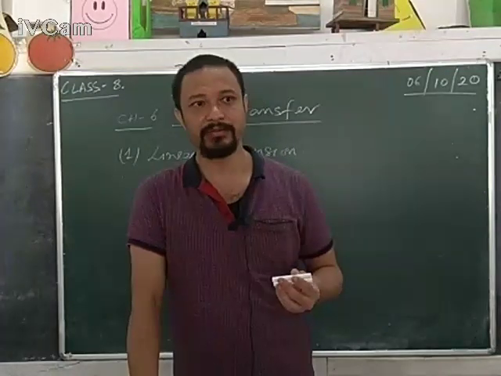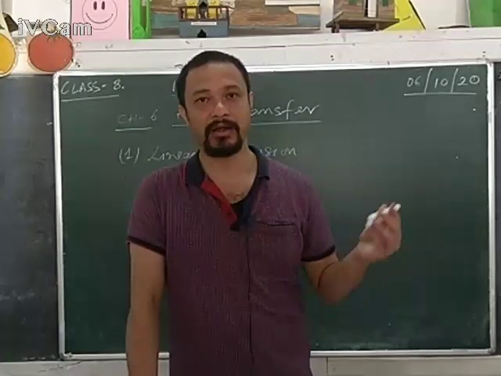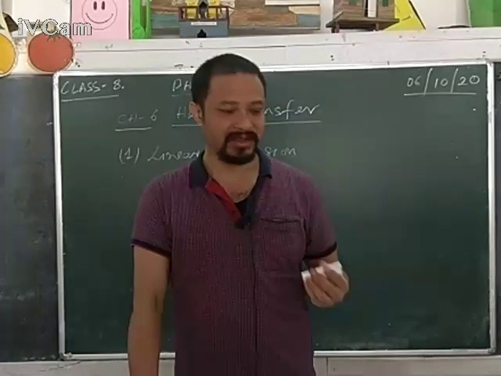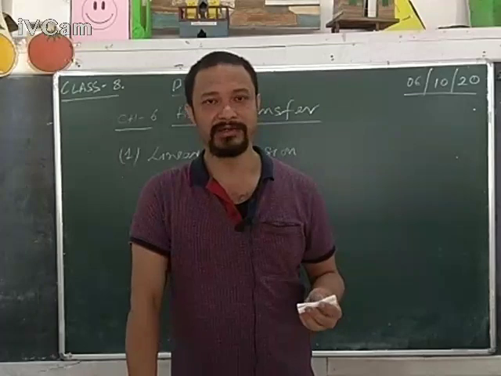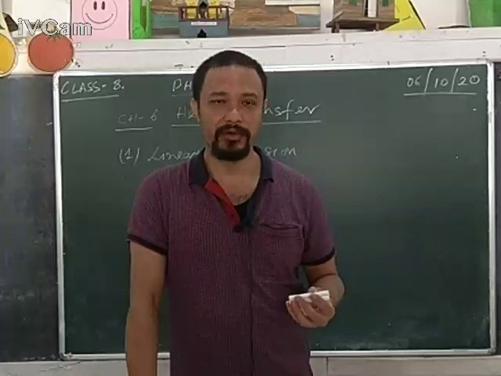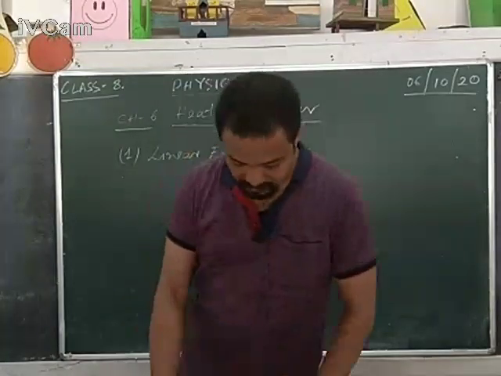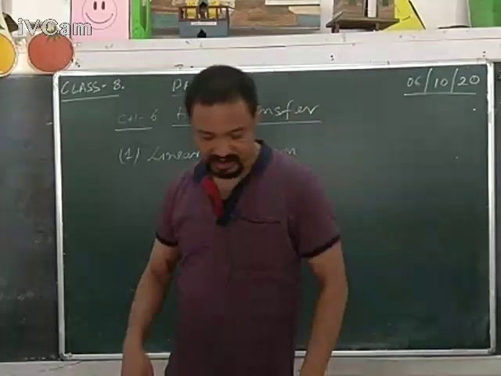So it depends upon what it is made of, the composition of the solid. When the same temperature is applied to two solids of different materials, one will expand more and one will expand less.